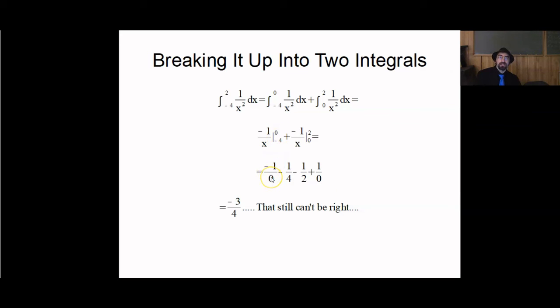We can view 0 as either a tiny positive number or a tiny negative number. Because we're stopping the integral just before the asymptote so that we don't cross it, this 0 is going to be a tiny negative, and this is going to be a tiny positive. That's why they actually add up rather than canceling.